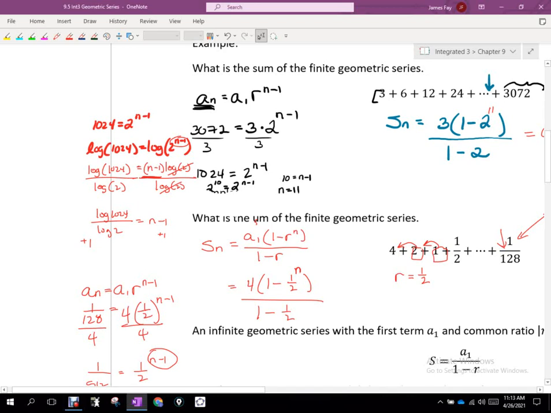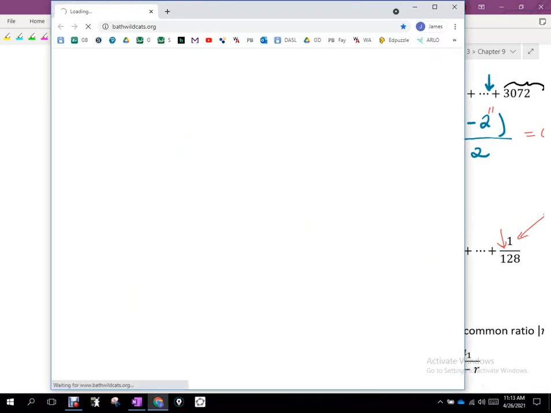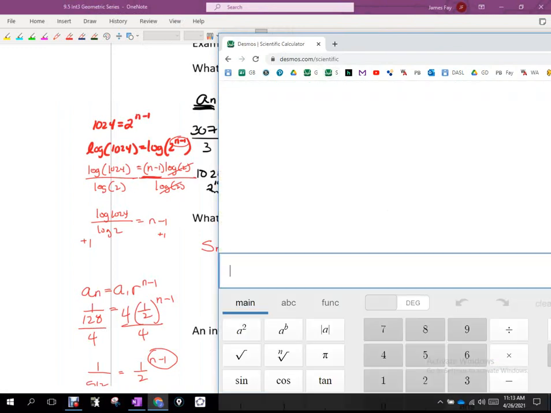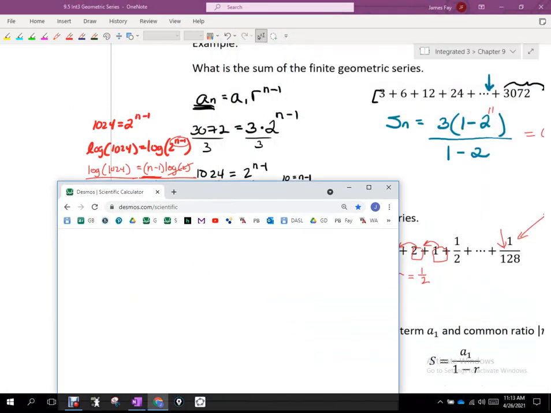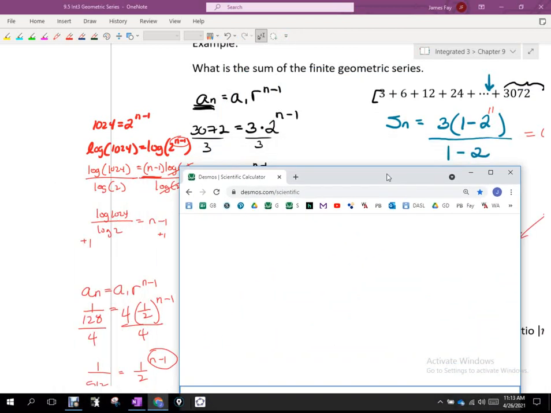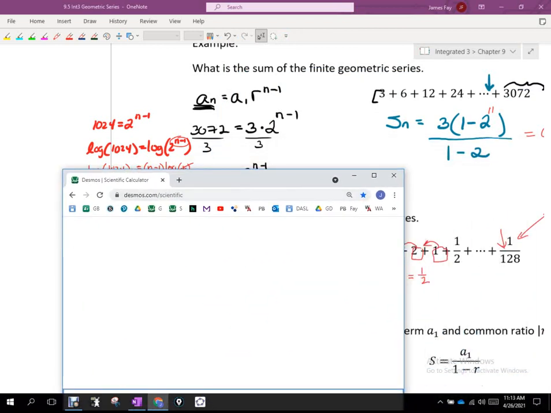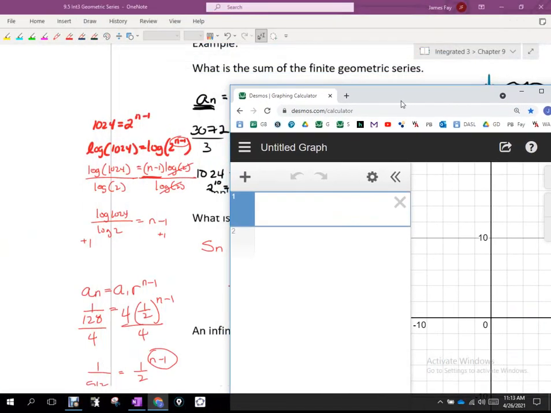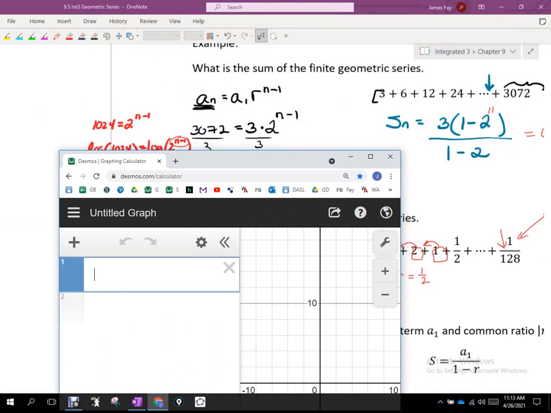Okay, actually let's do this now. I'm going to work on Desmos here and see if we can develop a quick way of taking this list and finding out what that number in the list was. Okay, so if we go back and look at the formula that we use, I want the graphic version.